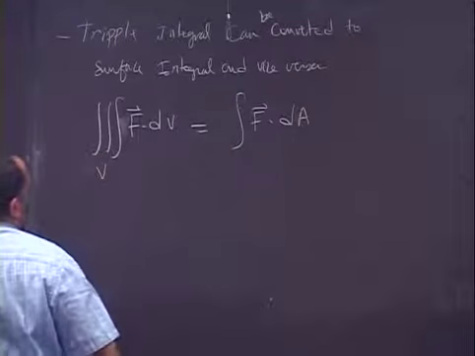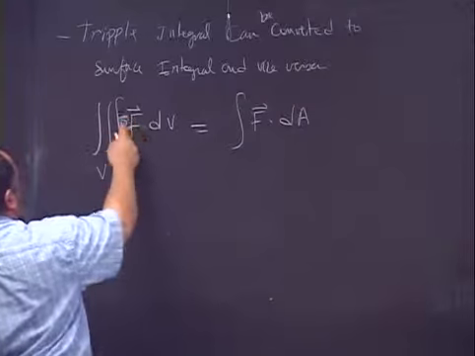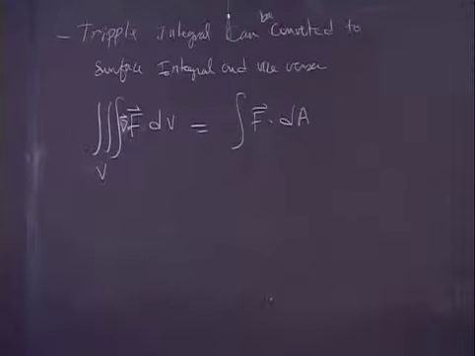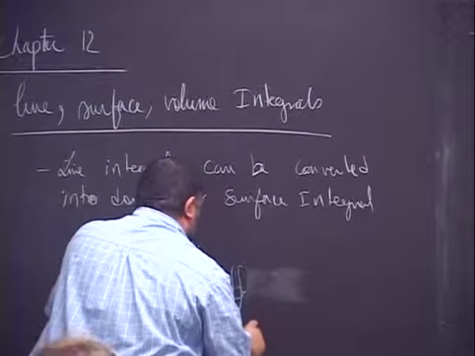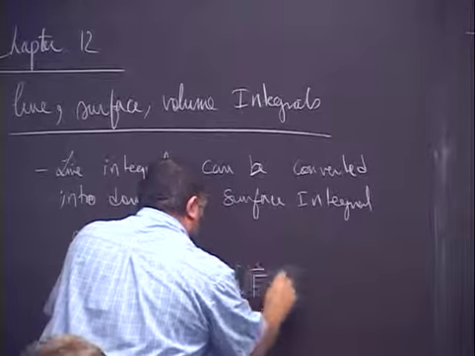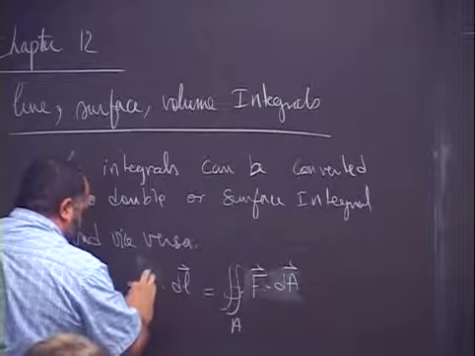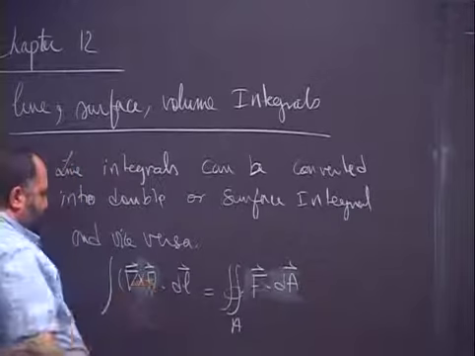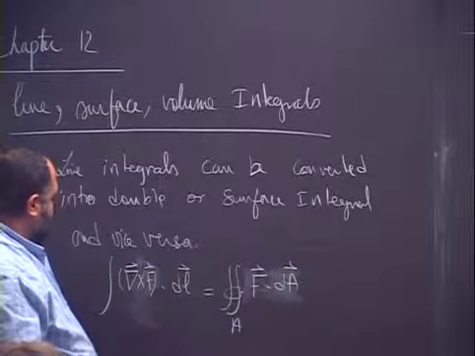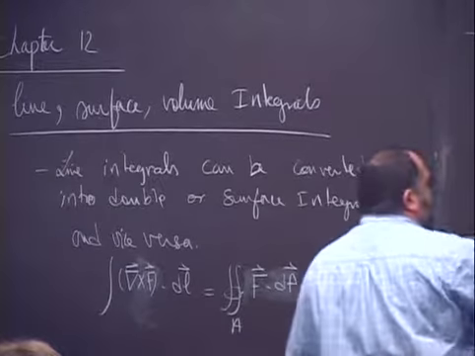It is the divergence of the force over the volume. And here, the curl of f over a line integral is equal to f dot dA, and the divergence of f over the volume V is equal to f dot dA.